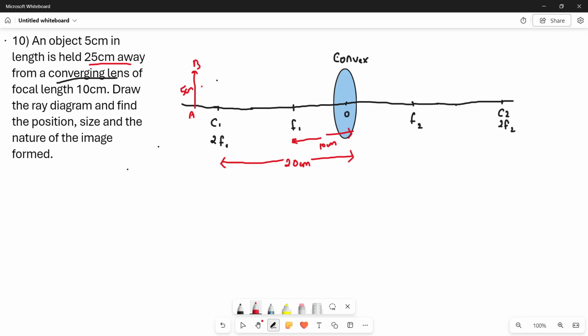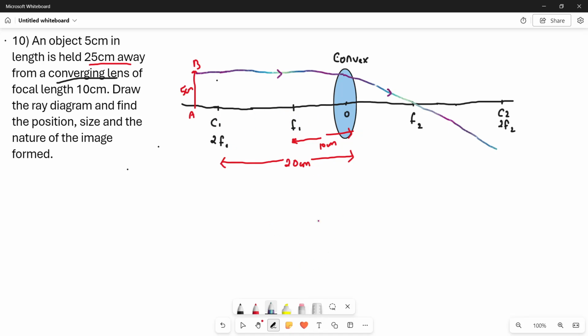So how the rays are going to be refracted? So we all know that, or it is given in your textbook, that the light ray passing parallel to your principal axis will get refracted through the focal point.